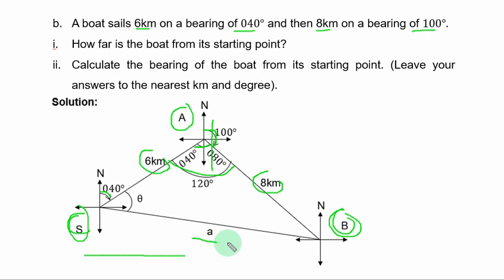You are asked to find this distance, because the side you are looking for, the angle facing it is known. You can use the cosine rule because the two other sides are known as well.